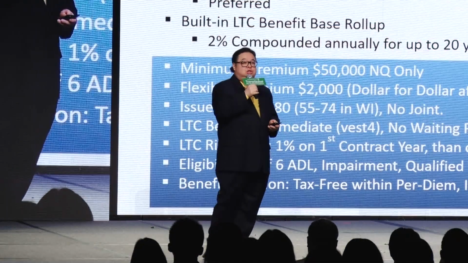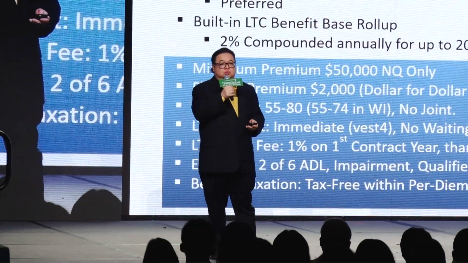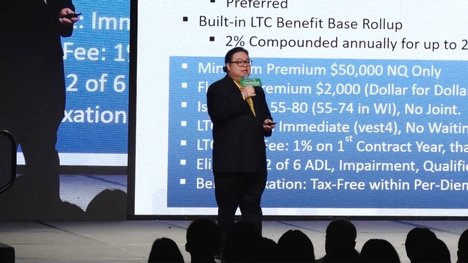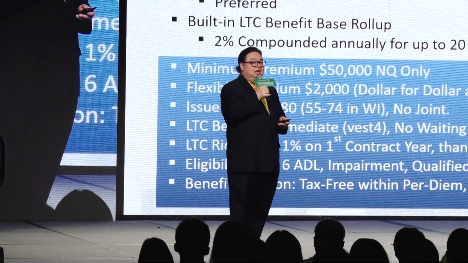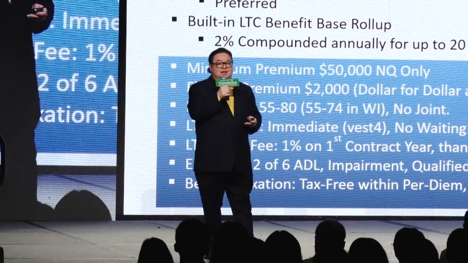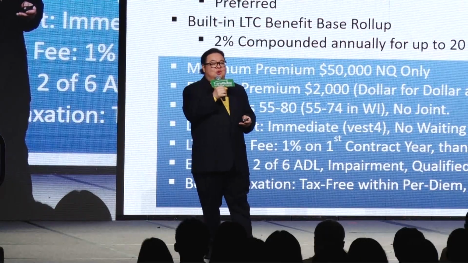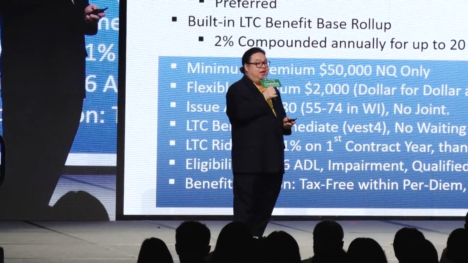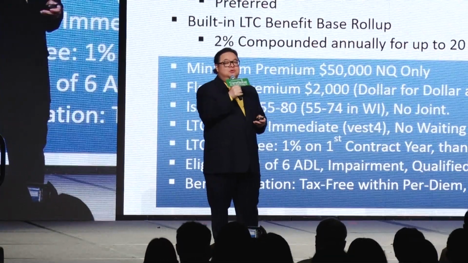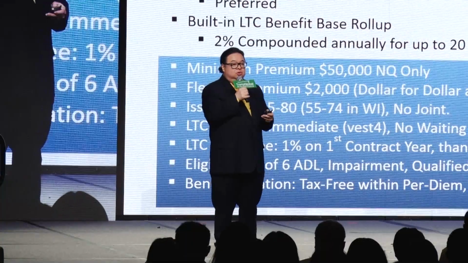They will issue this to almost all of the clients, even though they are currently 2 of the 6. Even though they are currently hospitalized or confined, they will get issued. And they are using annuity to do this.